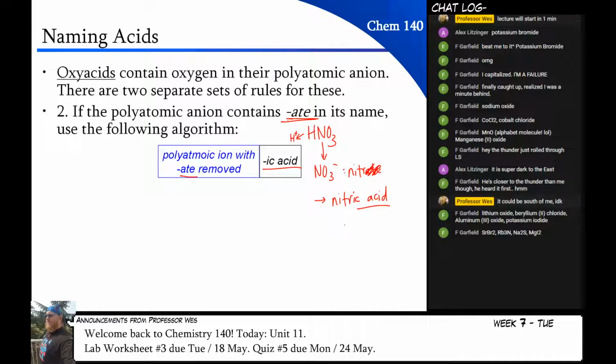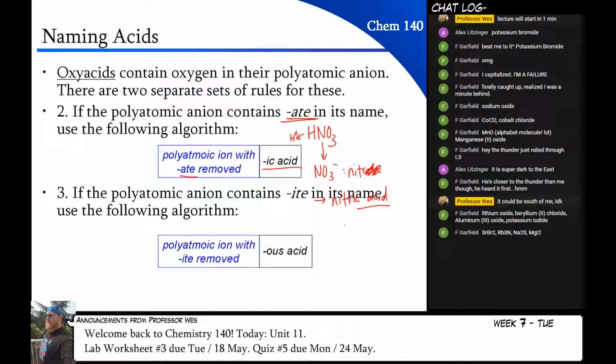What if your polyatomic ion ends in -ite? Well, instead you do this. If it ends in -ite, you remove the -ite, and you put -ous acid at the end. So if you have this, this is the ion that comes off because, again, remember, H+ is the other thing. This is nitrite.